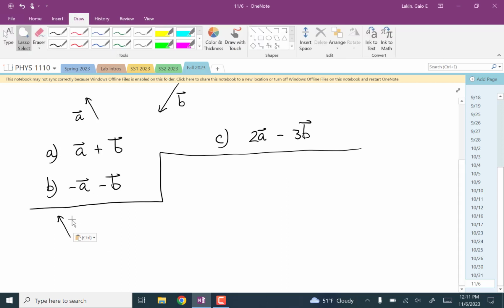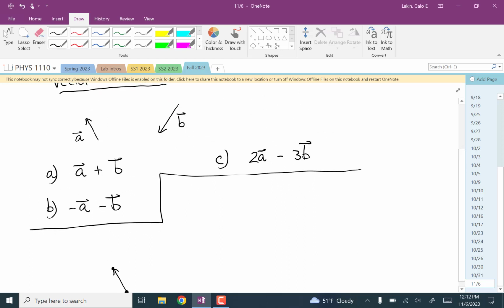So you start at a point, you follow from that point to some intermediate point with one of those vectors.